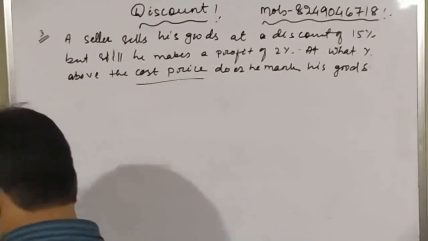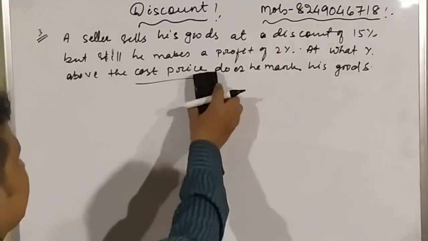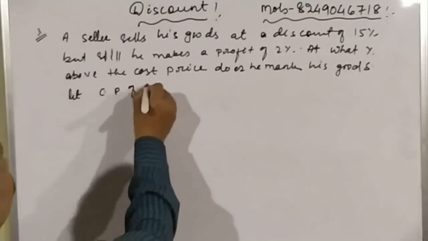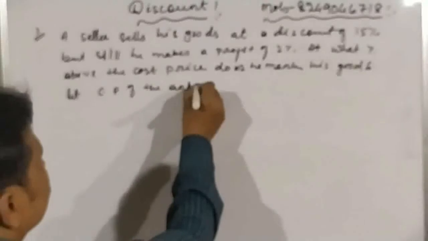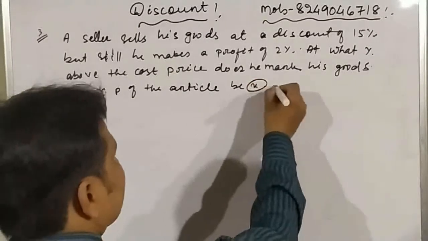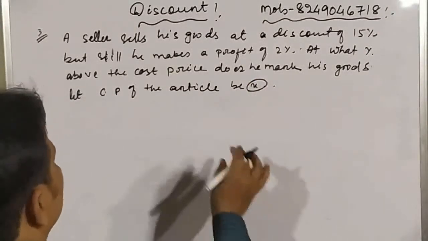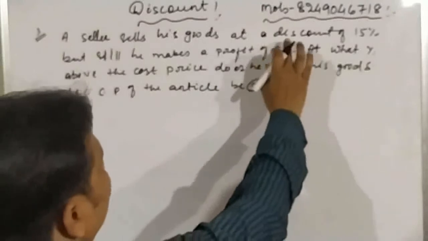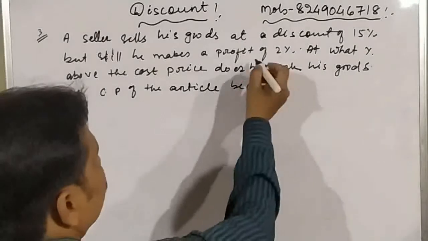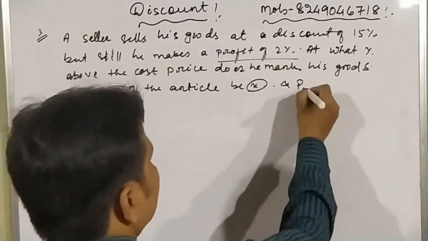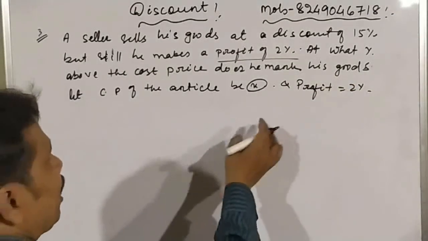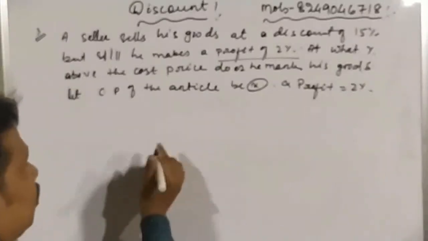So let the cost price of the article be X. Here it is given that after giving the discount of 15%, he still makes a profit of 2%. That means we can find out the selling price from these conditions.